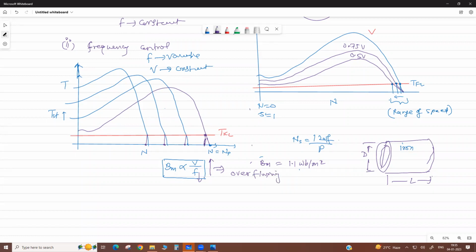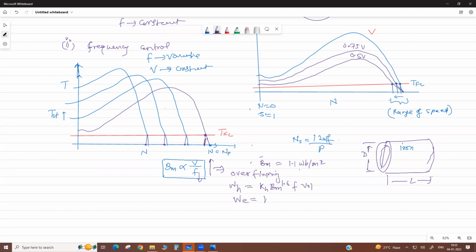Then due to overfluxing, hysteresis and eddy current losses, which depend on flux density, increase. Hysteresis loss is K hysteresis constant times B maximum raised to power 1.6 times F, frequency, times volume of iron.